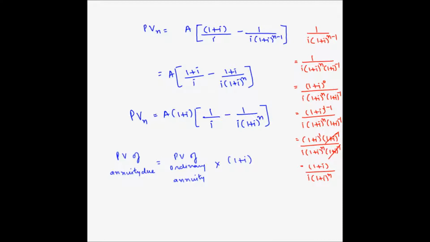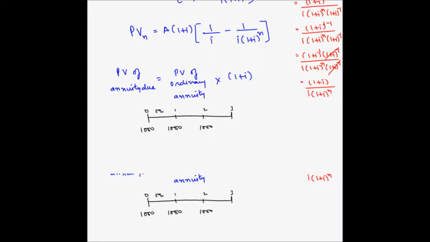Now let's take this formula and use this in our example. So in our example, we were trying to find out the present value of an annuity which is a 3-year annuity. So 0, 1, 2, 3, where 1000 rupees is being paid at the beginning of each year, and the interest rate is 5%.